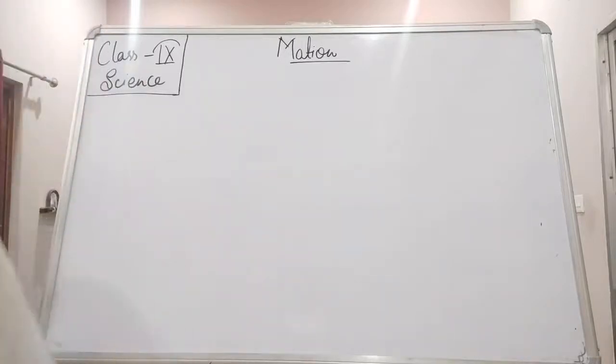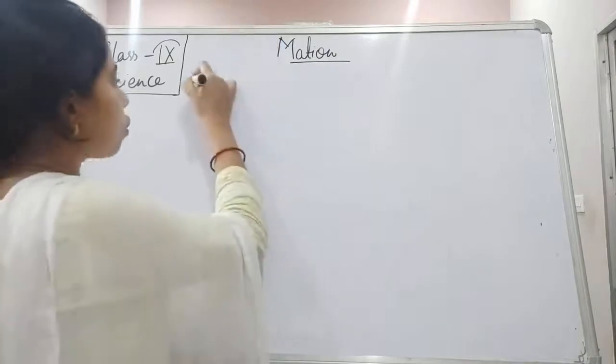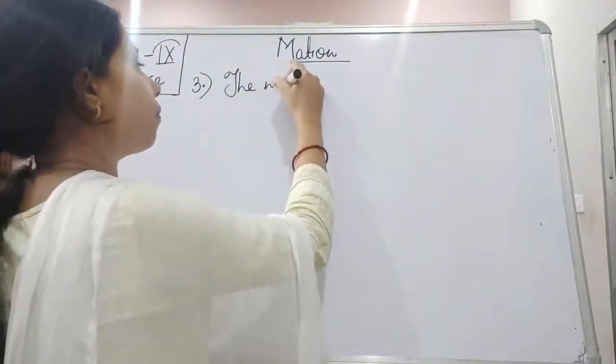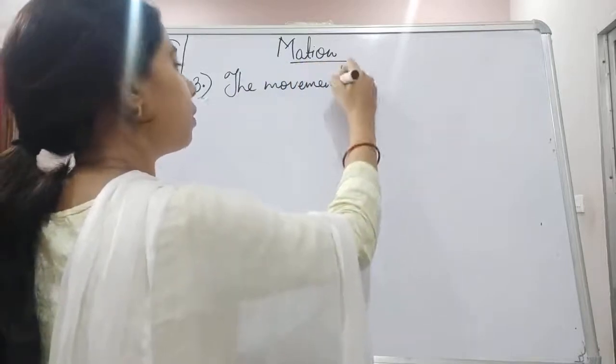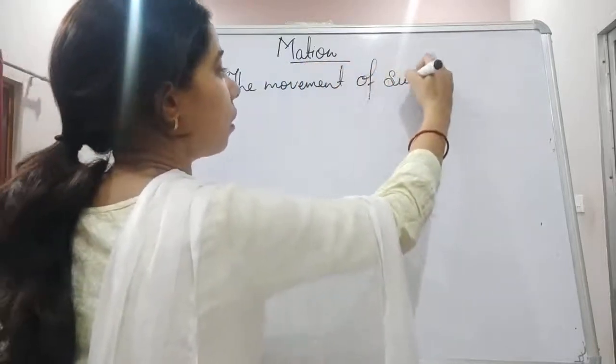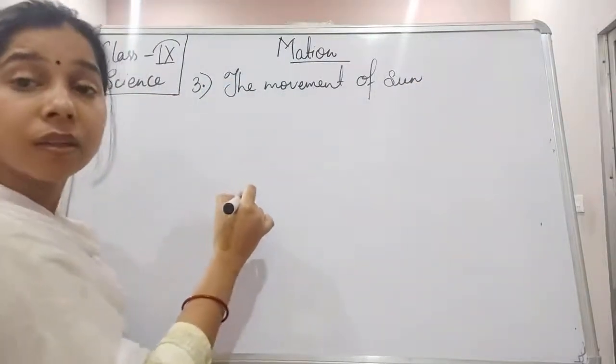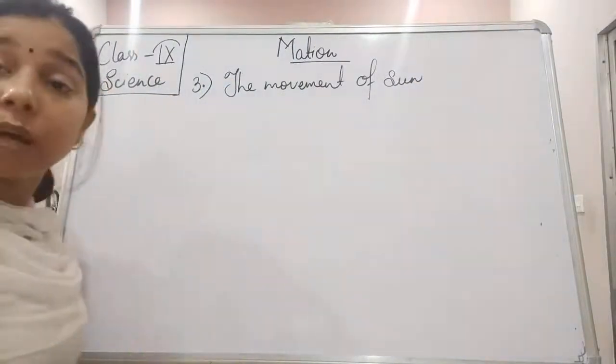Moving on, let us see some more examples of uniform circular motion. The third example is the movement of the earth around the sun.